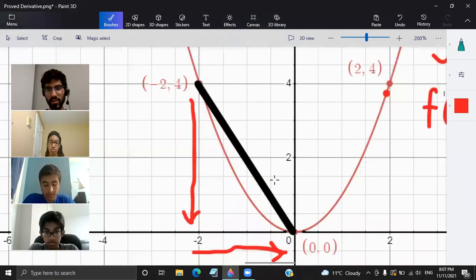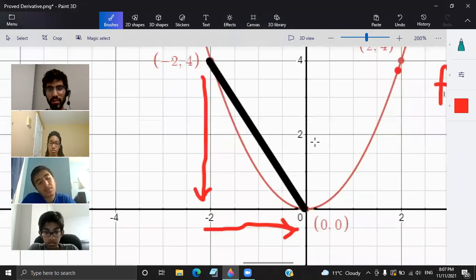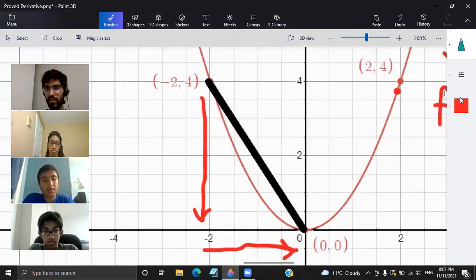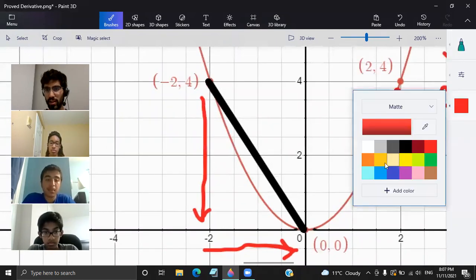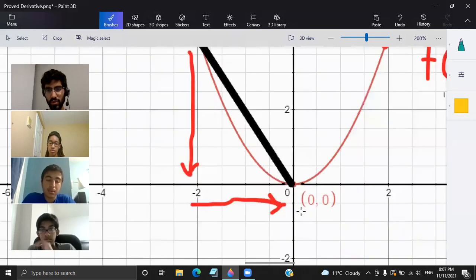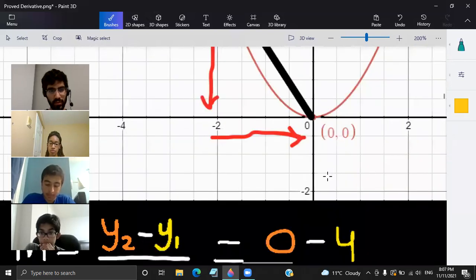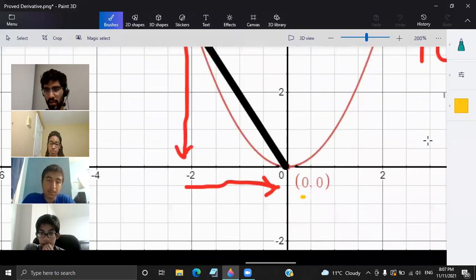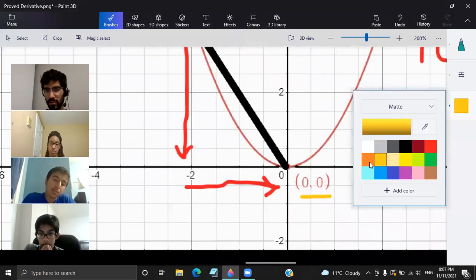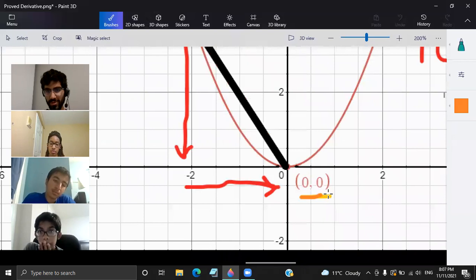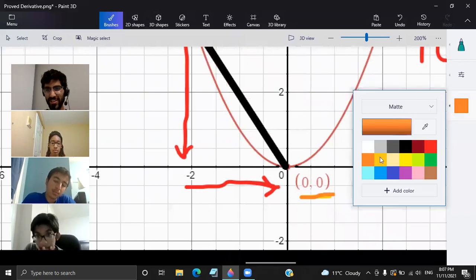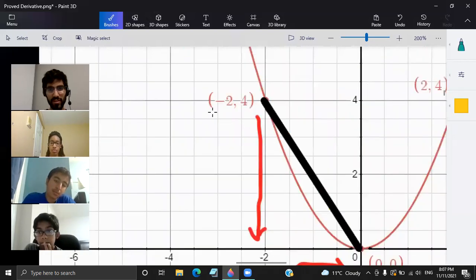So in a graphical sense, what we're doing is, let me highlight these 2 points. So let's say this is point number 2, and over here we have point number 1.